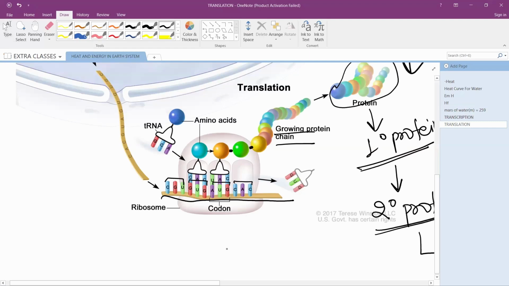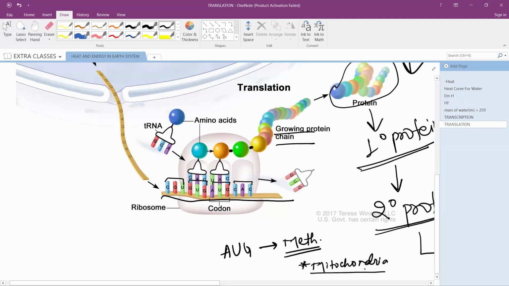If the genetic code AUG is responsible for the amino acid methionine, then this will never change. But there is an exception for methionine in the mitochondria.